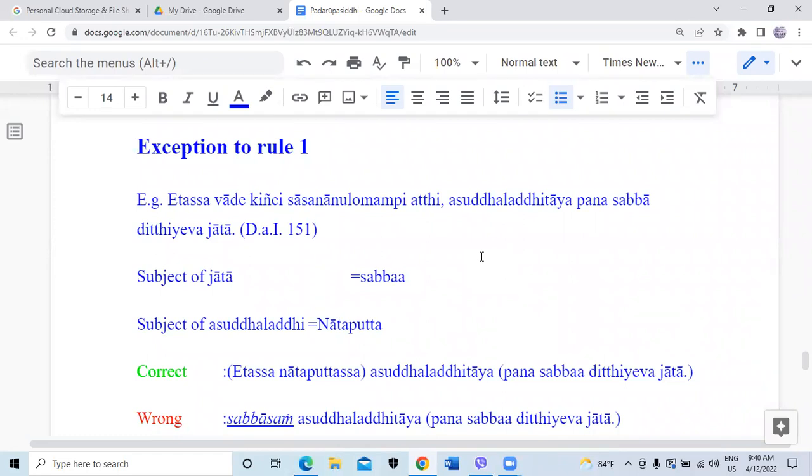Okay, another example I will give you. Let's see another example.